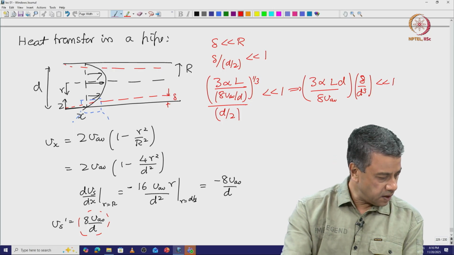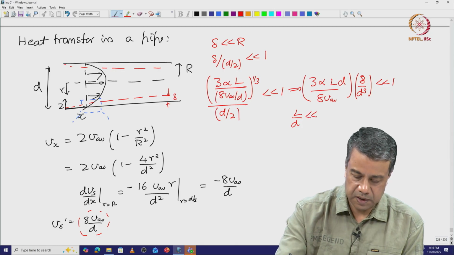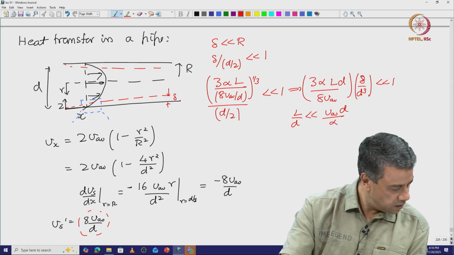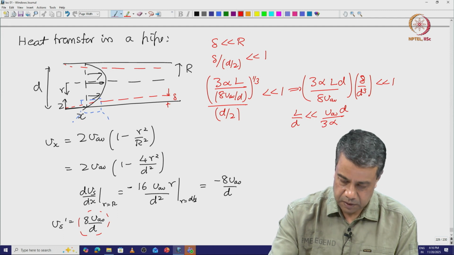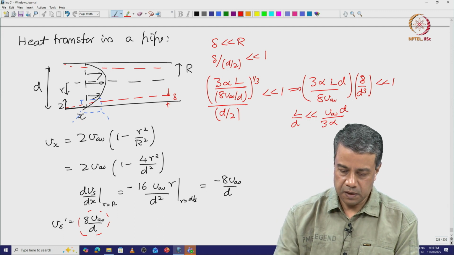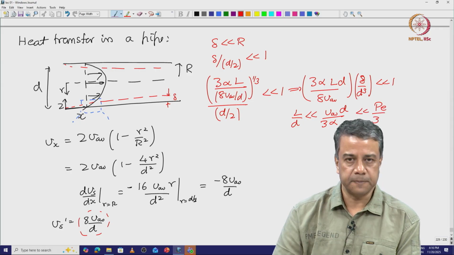And I get the final condition that L by d is much smaller than V average d by 3 alpha, which has to be much less than the Peclet number by 3.